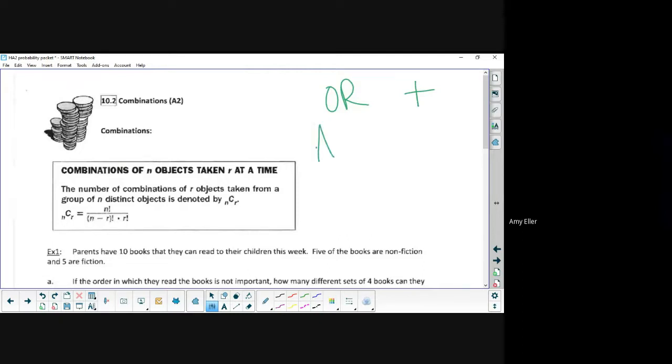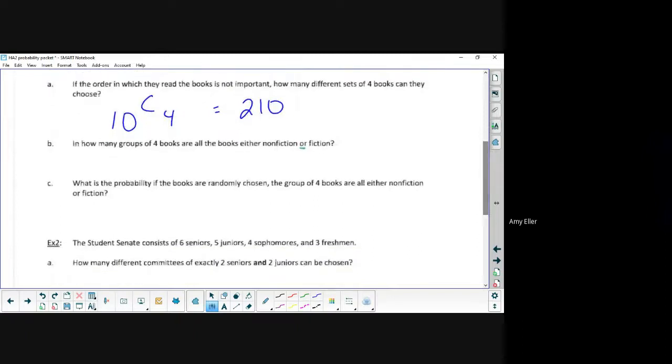When we get to and, that means multiply. So let's read this again. In how many groups of 4 books are all of the books either fiction or nonfiction?